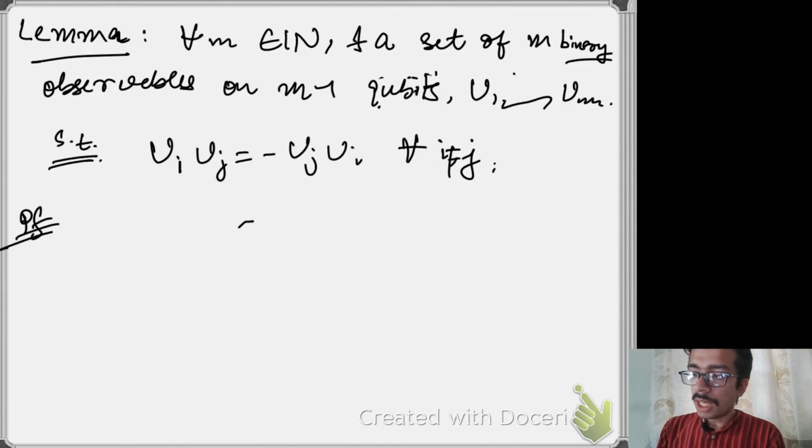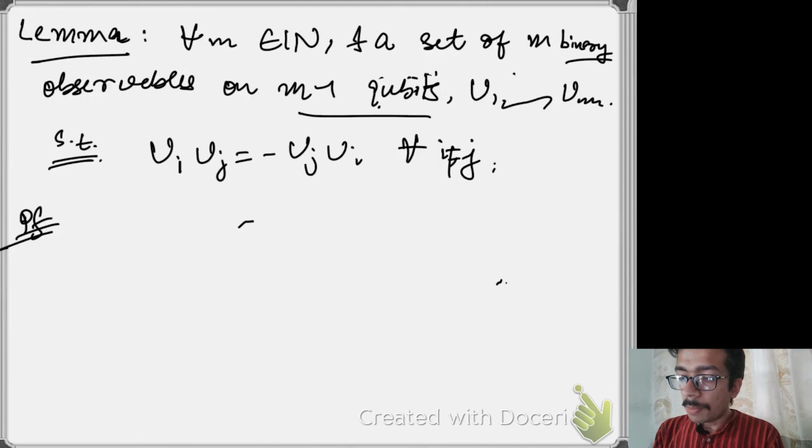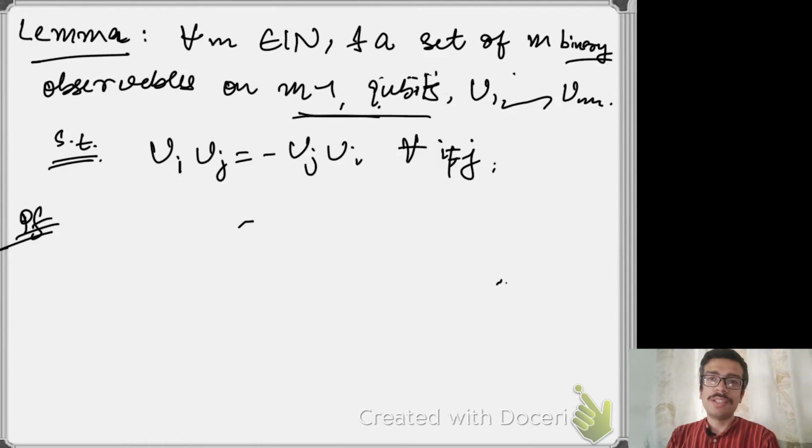Actually, I am taking m observables on m-1 qubits, but we can be more resource optimal here. We can do it within (m-1)/2 qubits, and in fact (m-1)/2 qubits is optimal, but for ease we will use m-1 qubits. Here we are not that concerned about constant resources.